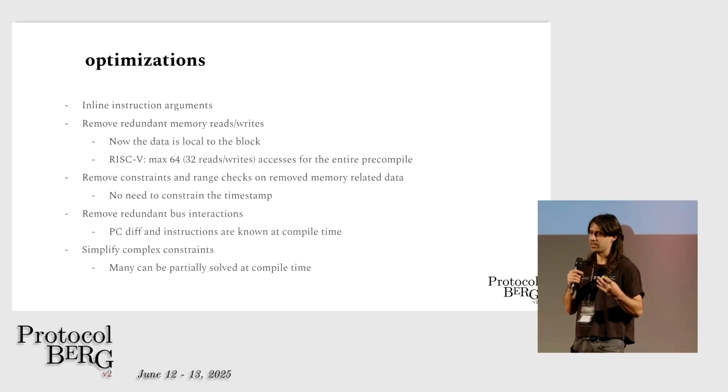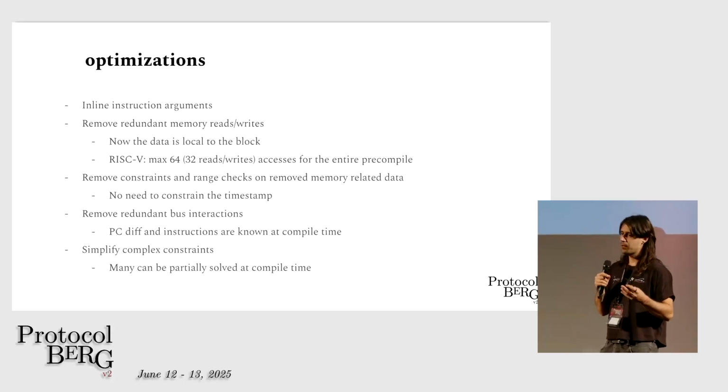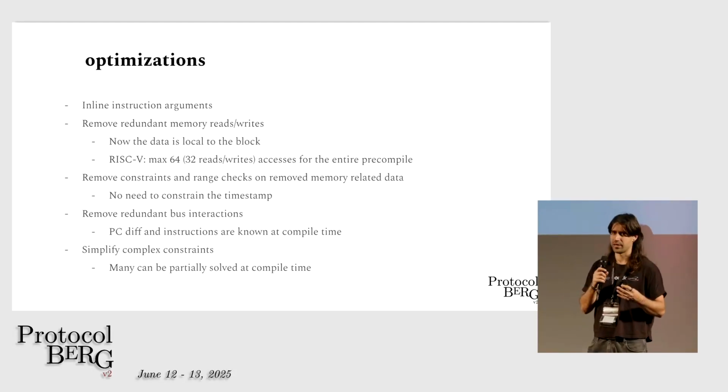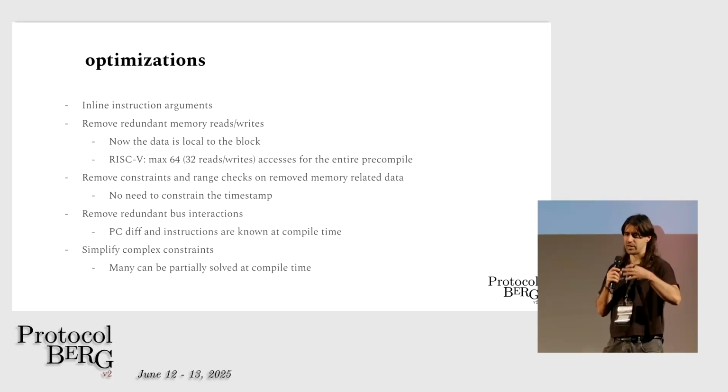But one big realization is that a lot of the memory is local to the basic block. A lot of the overhead of zkVMs is memory, because each instruction can use registers and memory to communicate with other instructions, and they have to hold the invariant that whatever comes in and whatever goes out respects the memory model.